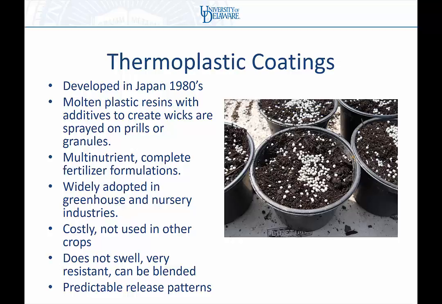Good features are they did not swell, they're very resistant, can be blended, and they have really good predictable release patterns. So NutriCoat, for example, made inroads into the nursery and greenhouse industry because they didn't have the problems that the original Osmocote had. And so this was a solution to some of those problems with the earlier technologies.